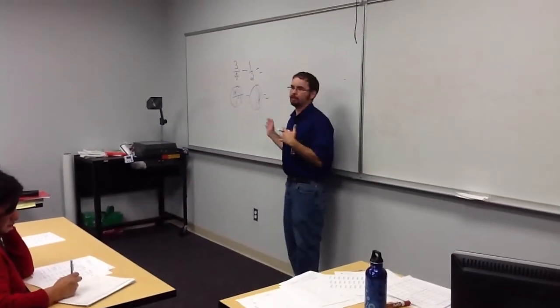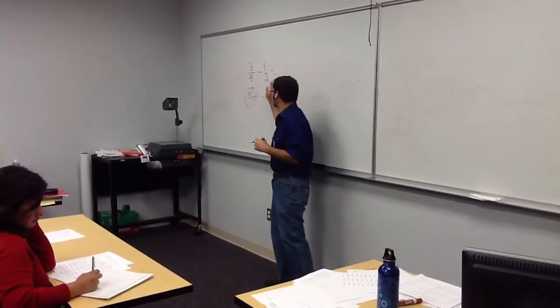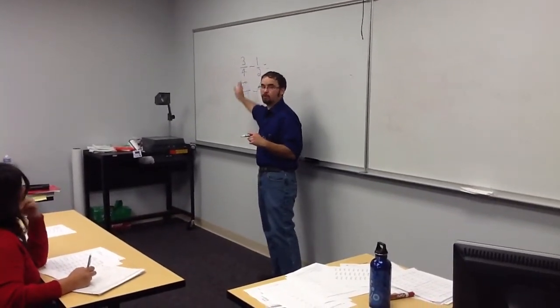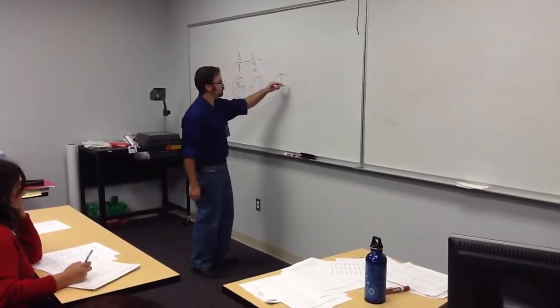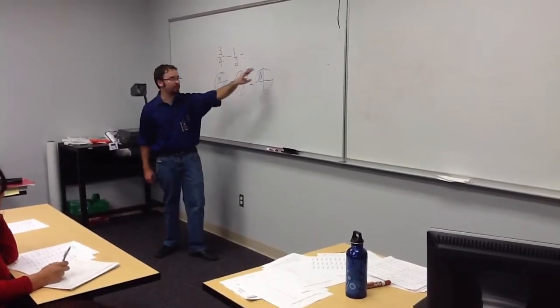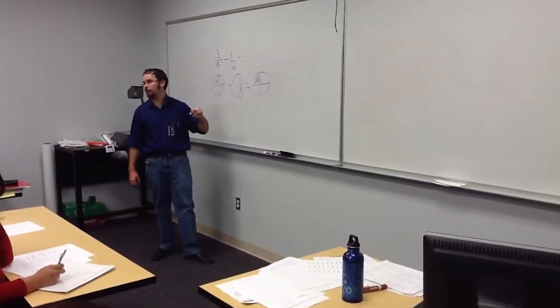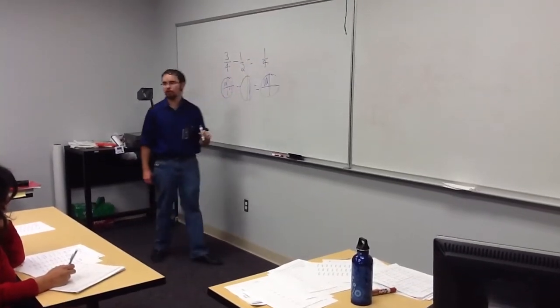What's going to be left here, everybody? 1/4, right? I'm going to take away this part of the shaded circle, and so I'm going to be left with that much, right? Because I took away that, that's all that's left. So I'm going to be left with 1/4.